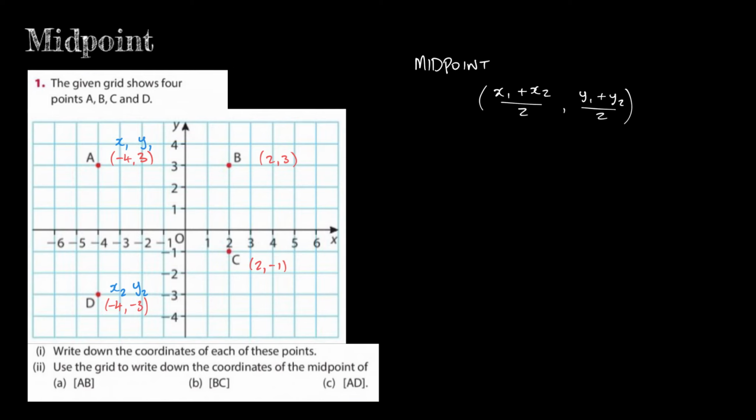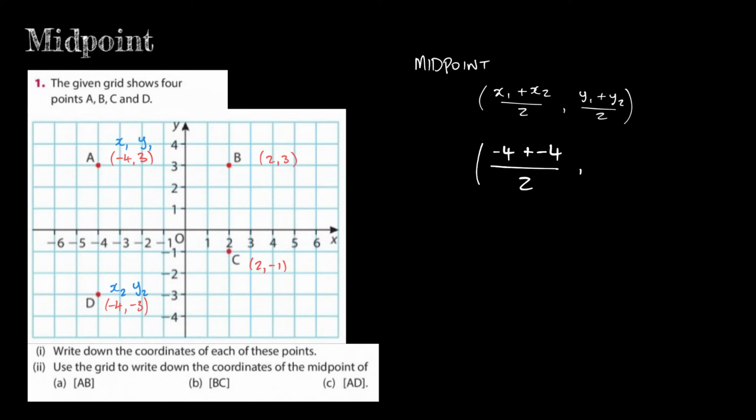So x1 is going to be -4 plus -4. So you can see there I'm adding -4 and -4. If I add them together, I'll get -4 plus -4 all divided by 2.